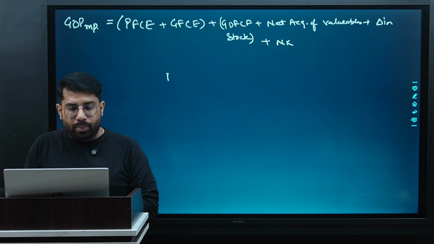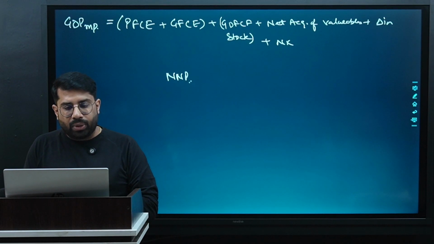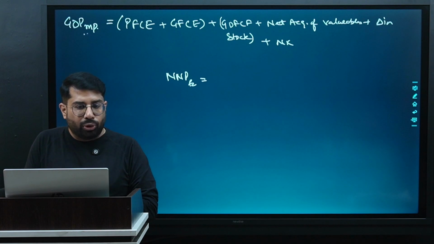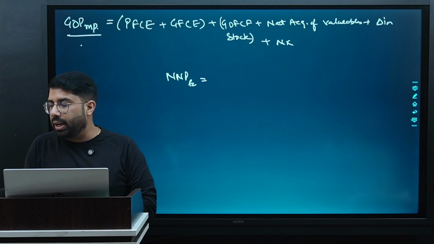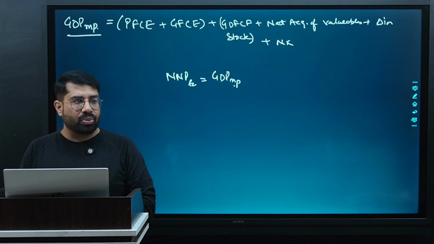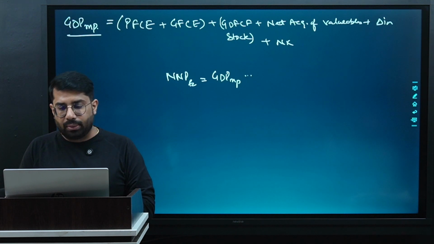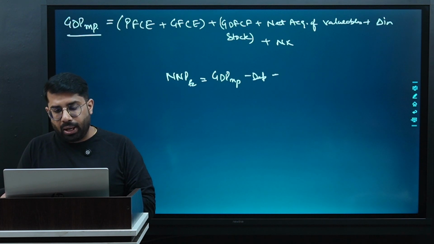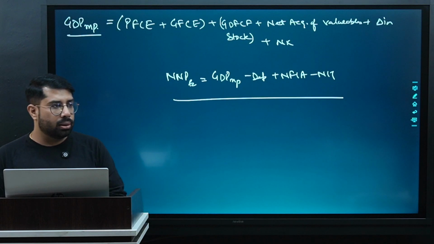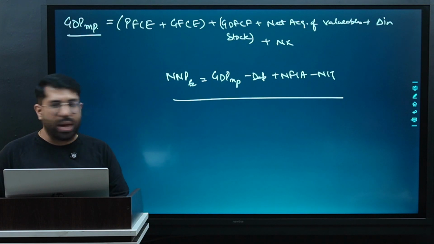Now we understand very clearly that if I ask you to calculate the national income using expenditure method, first you will get the GDP at MP value. So you will write it here, GDP at MP, and we know the adjustments: gross to net, DP to NP, MP to FC. Very easy method.